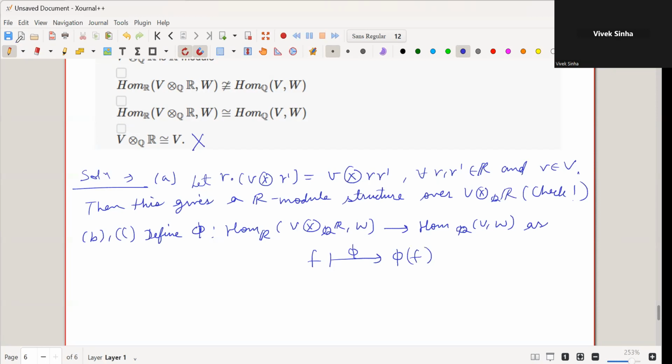You simply restrict it as a linear map from V to W.